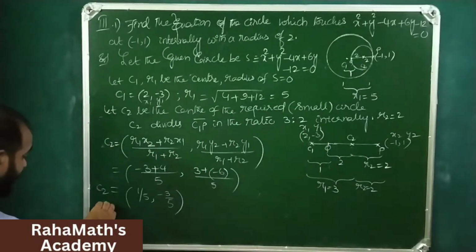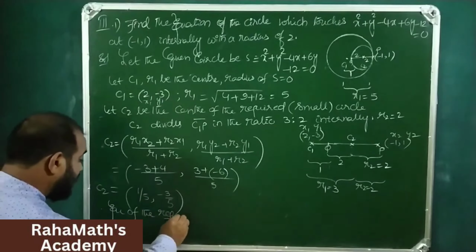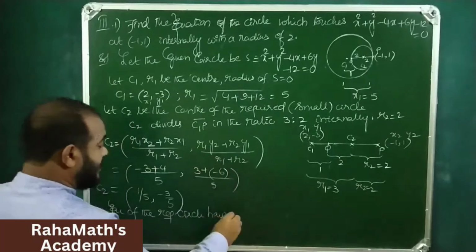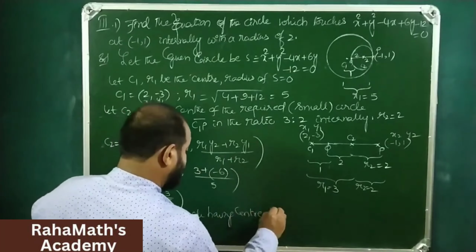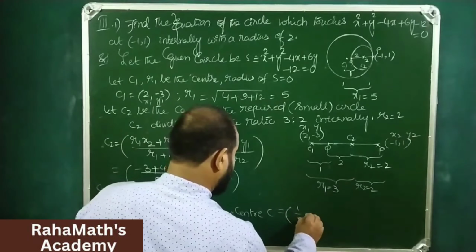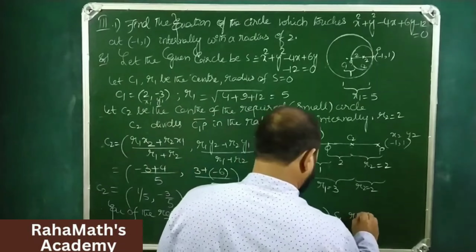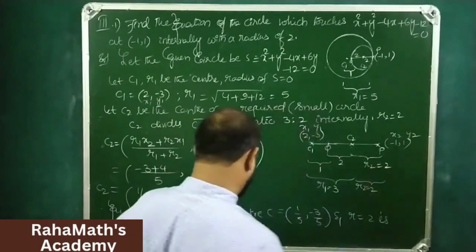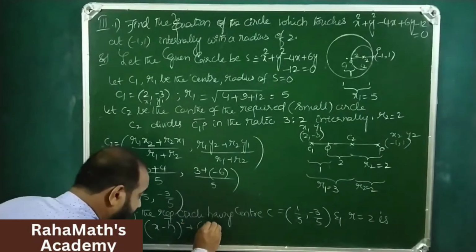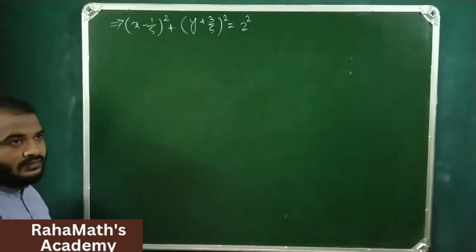So therefore the equation of the required circle having center C equal to 1 by 5 comma minus 3 by 5 and radius R equal to 2 is, what is the formula? X minus h whole square plus y minus k whole square is equal to R square.